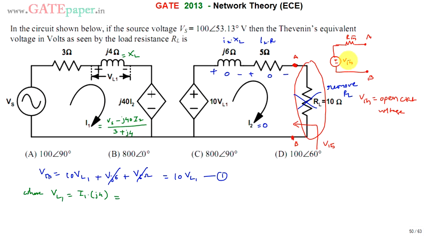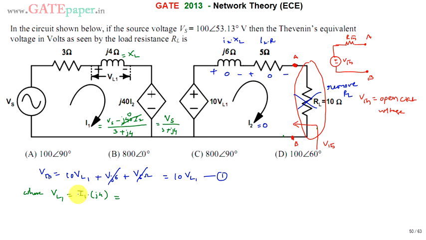While calculating Thevenin's voltage, you make the terminals of interest open by removing RL, because Thevenin's voltage is nothing but the open circuit voltage. Whenever you make it open circuit at the AB terminals, I2 is 0, so that term is also 0. Simply, I1 is Vs divided by 3 plus j4.